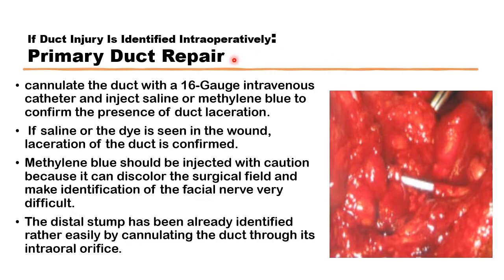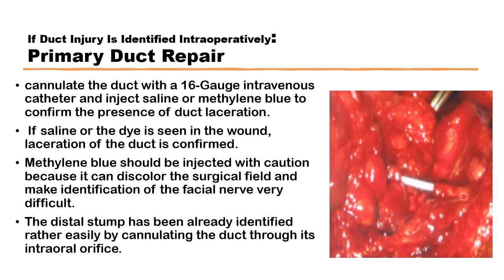If there is a doubt about whether there is a duct laceration or not, one easy way of finding this out intraoperatively is to cannulate the parotid duct from the mouth with a 16-gauge intravenous catheter and inject saline through it. If you see the saline trickling into the wound bed, then you know that there is a duct injury at the area of the leakage.